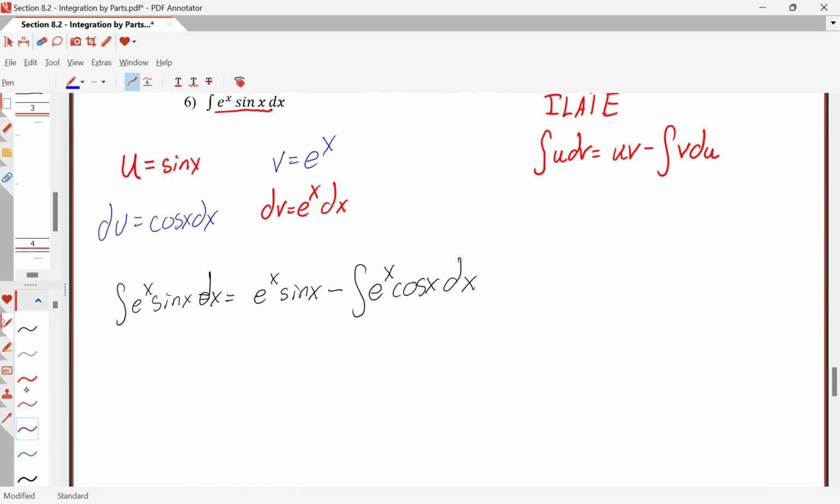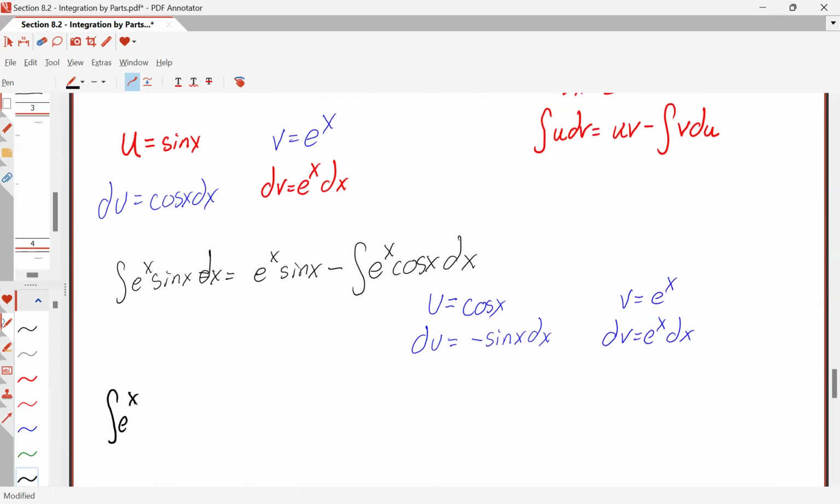We're going to use integration by parts on e to the x cosine x. Make u equal cosine x, du equals negative sine x dx, dv equals e to the x dx again, and v equals e to the x.